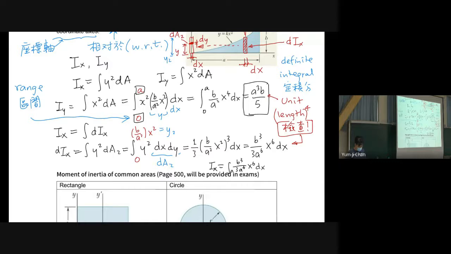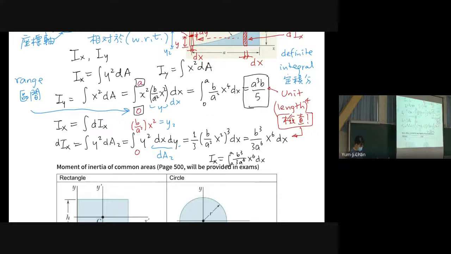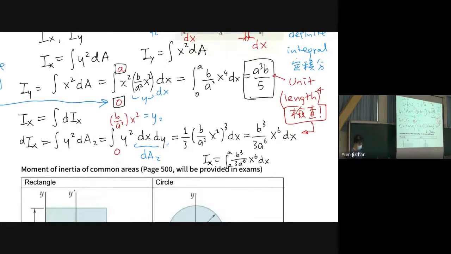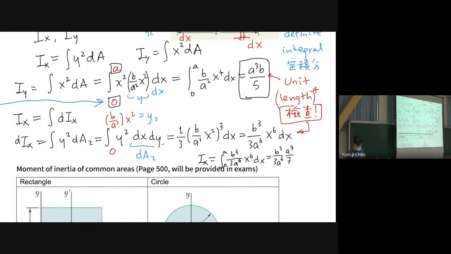This is from 0 to a. Sorry, that I should. Then it is equal to this one.